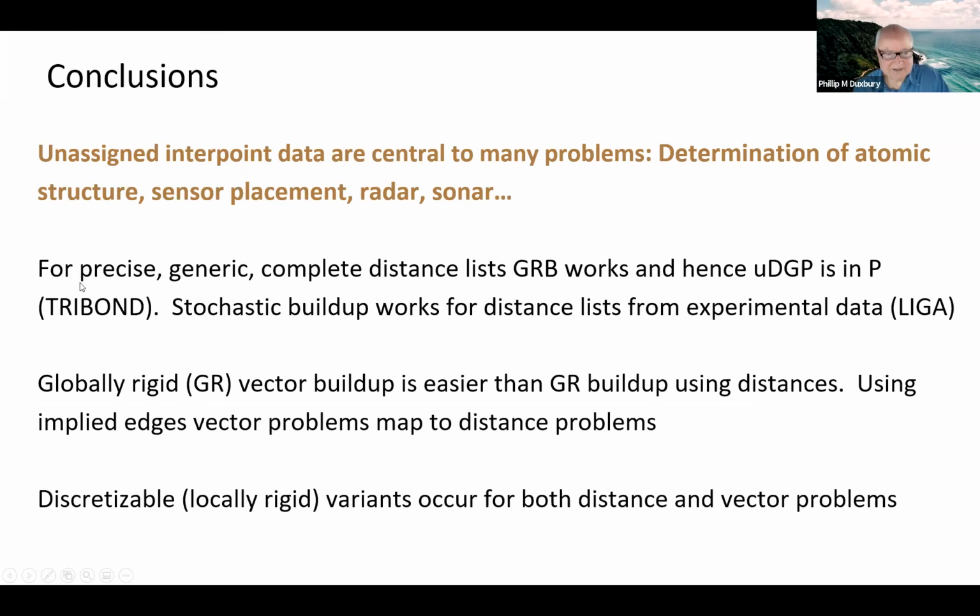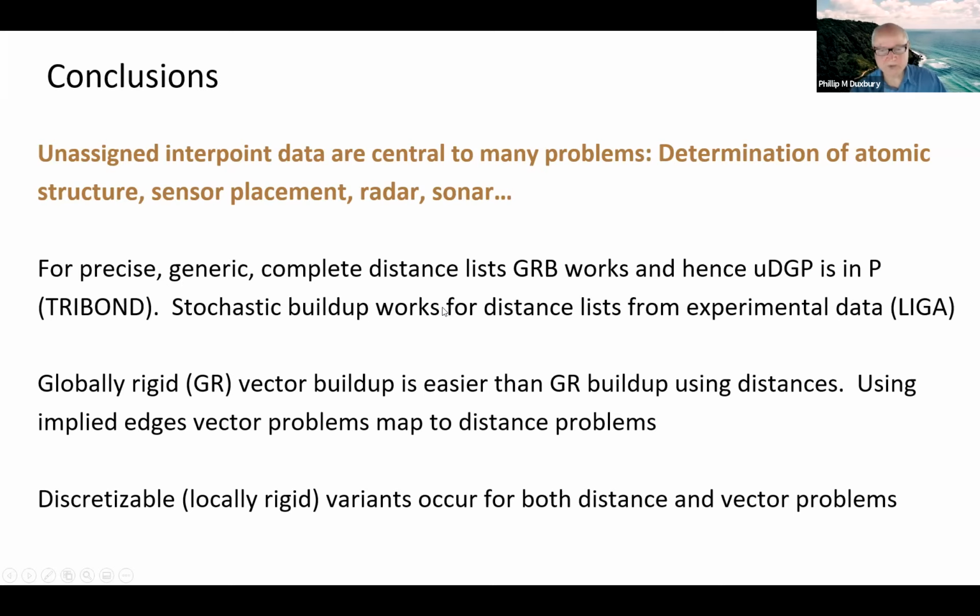For precise, generic, complete distance list, globally rigid build-up works for both the assigned and unassigned cases, and we have a good algorithm for that. We have the stochastic build-up, the Liga algorithm, that works for experimental data from, say, C60. There's an opportunity here to combine the two. We can probably do a lot better than the early stages of Liga, which just randomly selects edges.